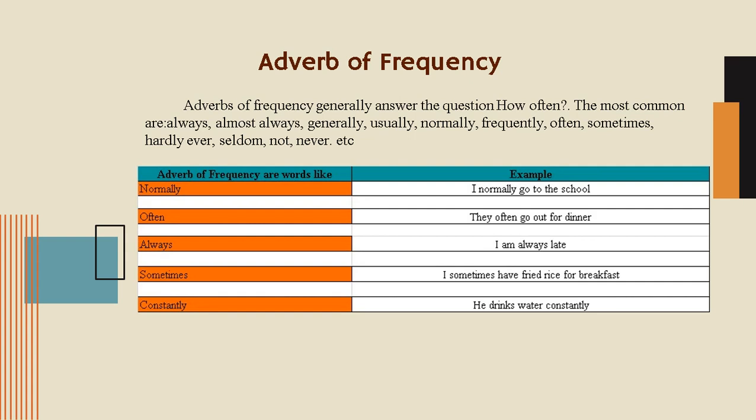I normally go to the school. Often, for example, they often go out for dinner. Always, for example, I am always late. Sometimes. I sometimes have fried rice for breakfast. Constantly. For example, he drinks water constantly.